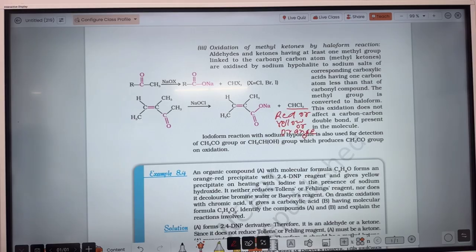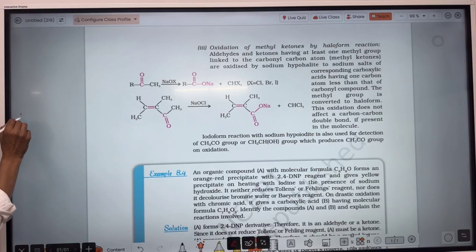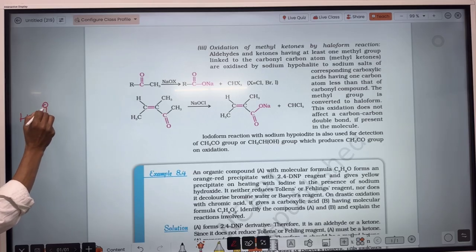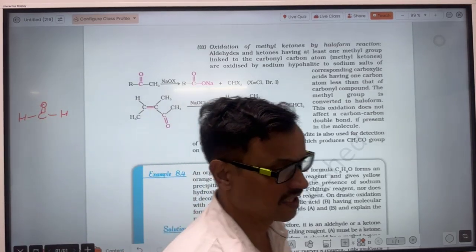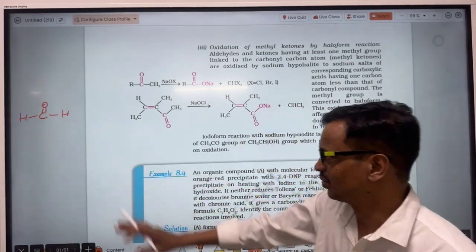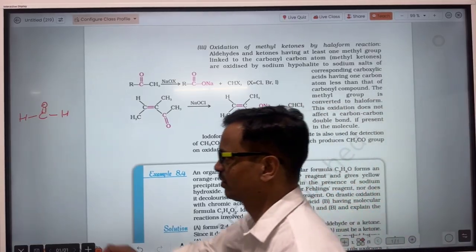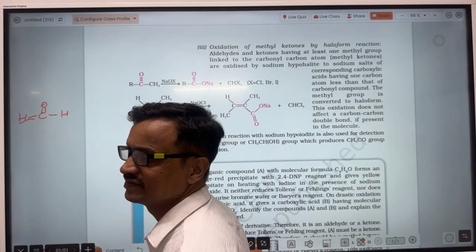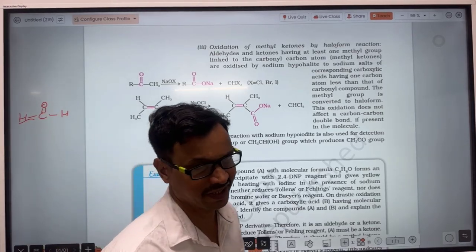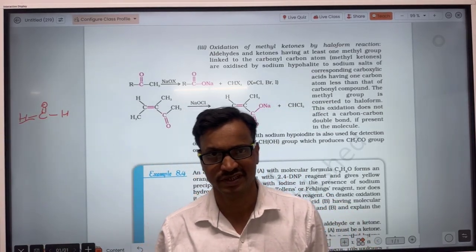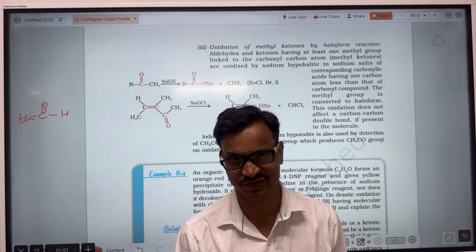So let's see here, what about the haloform test? Suppose this compound here, this aldehyde, will not show the haloform test because there is no methyl group bonded to the carbonyl carbon. A frequently asked question in JEE Main and in the NEET examination both is which of the following compounds will show the haloform test.